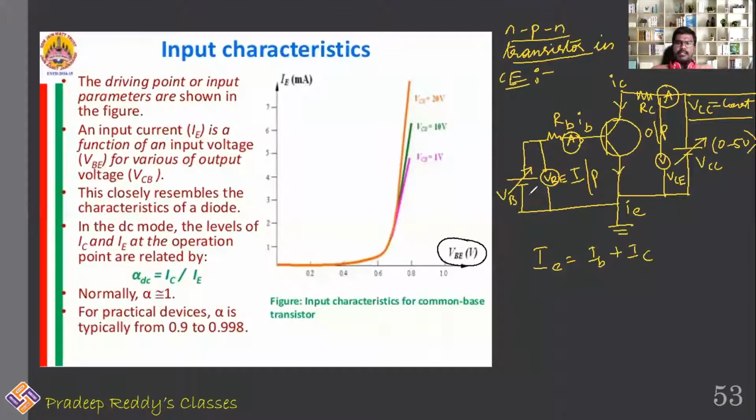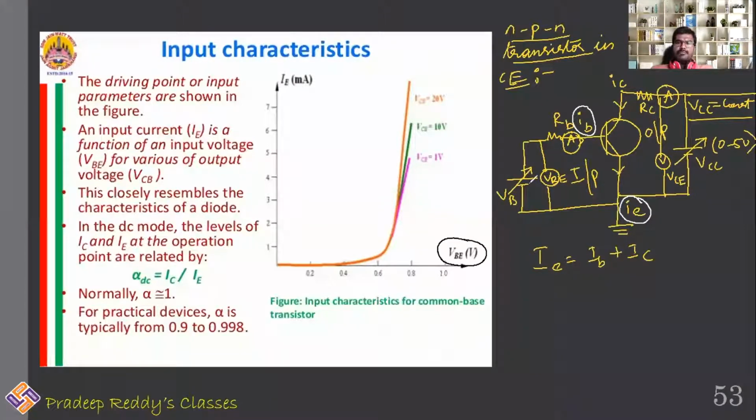VBE is plotted along the x-axis, and corresponding to this base voltage, there will be base current in the circuit, and that base current is denoted with IB. Corresponding to this IB, you will be getting some IE. We are not varying this IC.